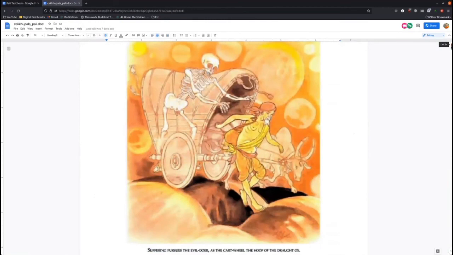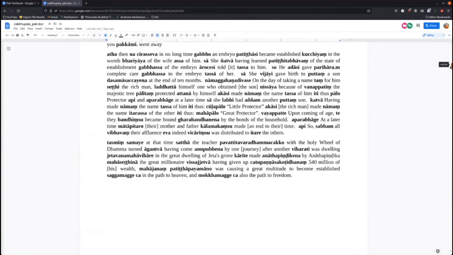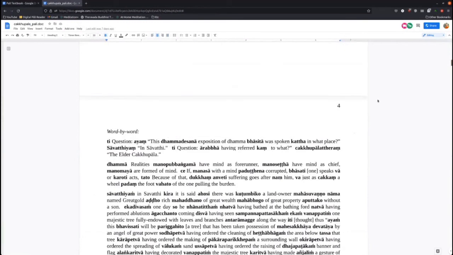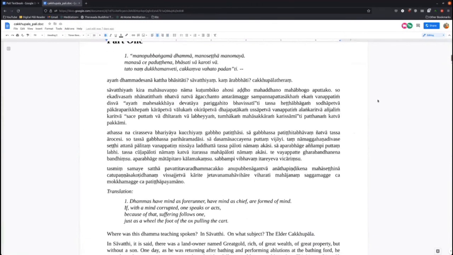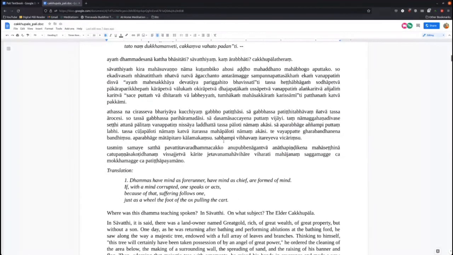So if we go to some of the texts, that's not it, but here. One thing that helps is being able to recognize vocabulary. So for this one, it helps that you know that kala is a word.